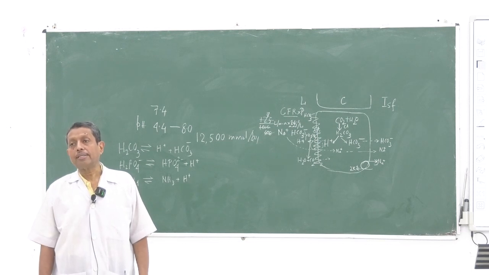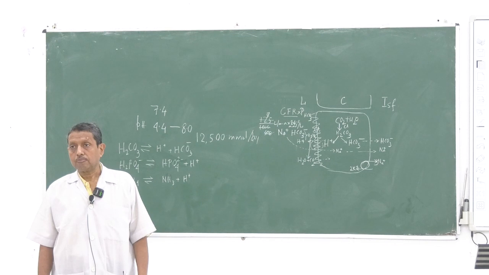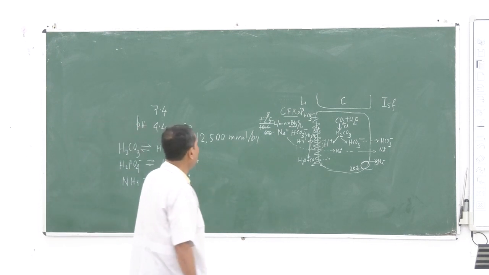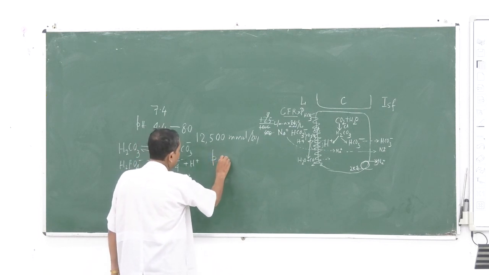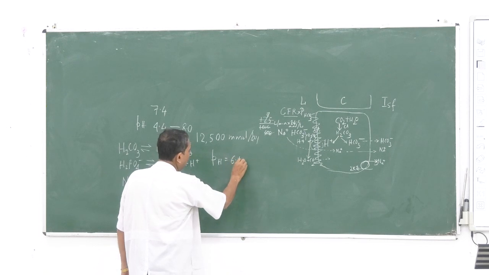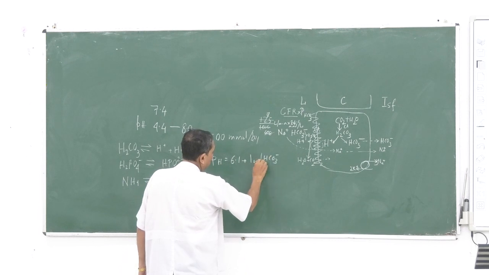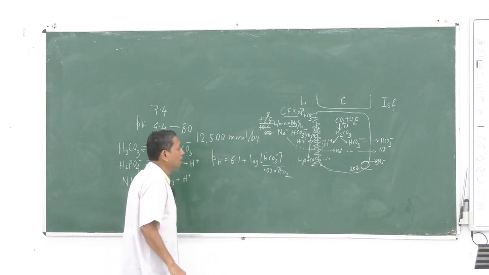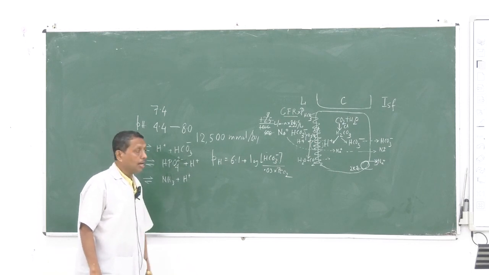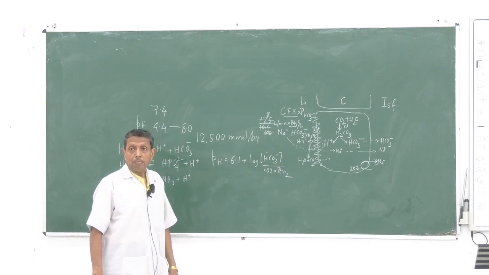Now second important buffer is phosphate buffer. And in this connection, you have to know that in this case, this Henderson-Hasselbalch equation gives 6.1 plus log, and the unit is milliequivalent or millimole per liter, and it is millimeter of mercury.